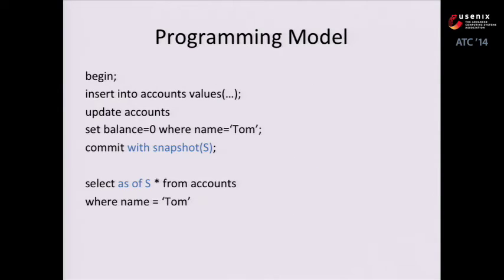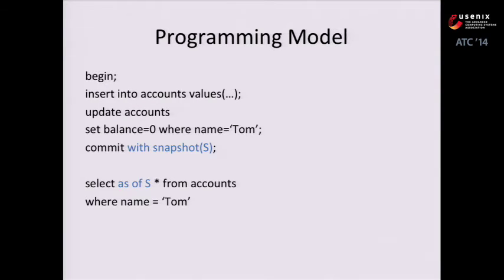The programming model is very simple. I'm showing how we extend the SQL API here. The extension to the C API is similarly simple. You can begin a transaction. You can do any kind of updates or inserts that you want inside of it.